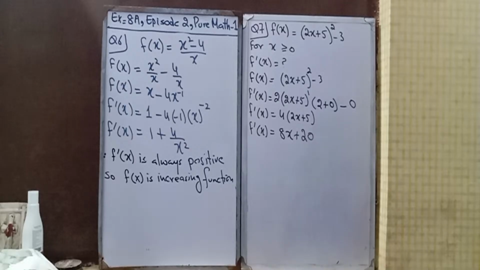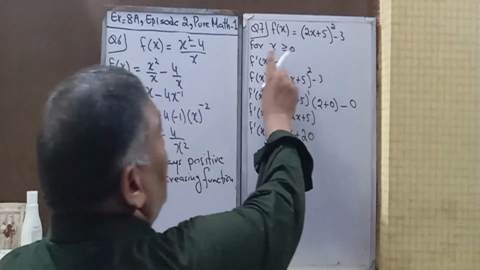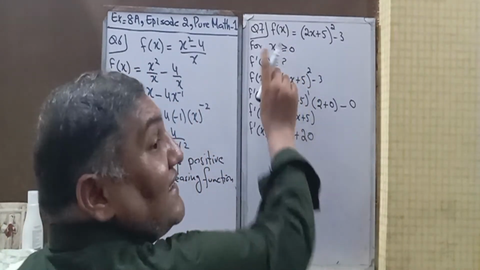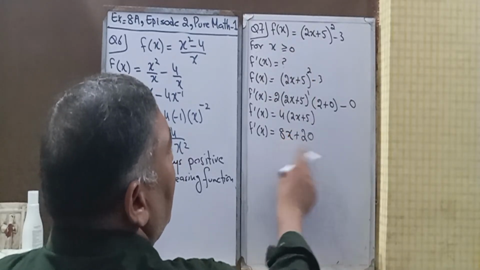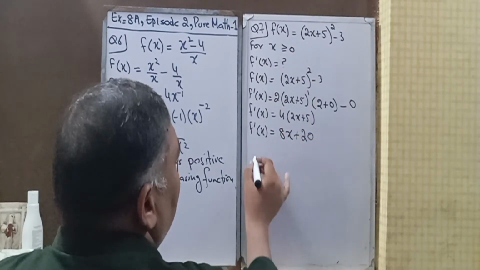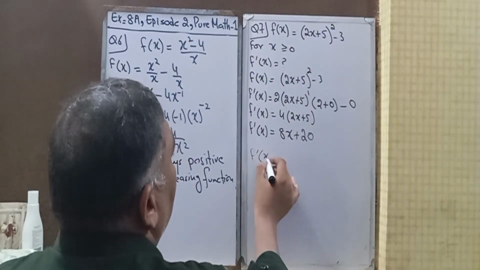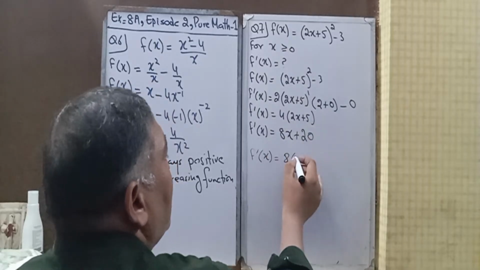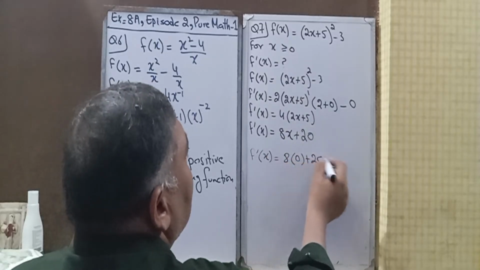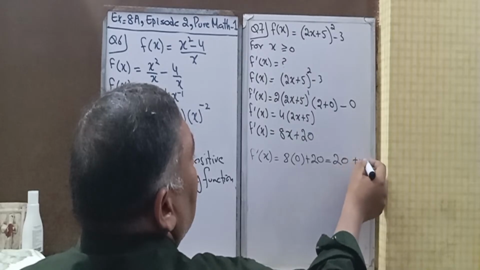If you look here, because we have to take the x values greater than or equal to 0, I'm just trying to explain to you. Put any value of x here, greater than or equal to 0. For example, I put 0. The answer will be 20, which is positive.